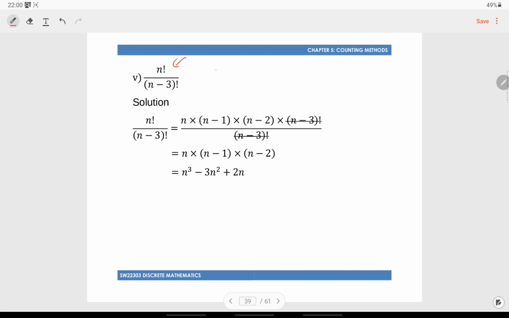Just like 5 factorial, which is equal to 5 times 4 times 3 times 2 times 1, so we have 5 times (5 minus 1) times (5 minus 2) times (5 minus 3) factorial.